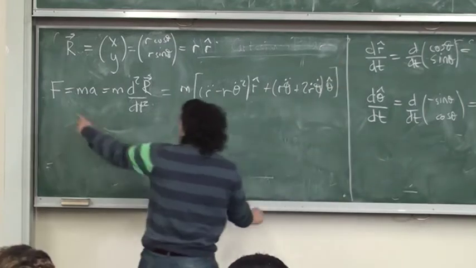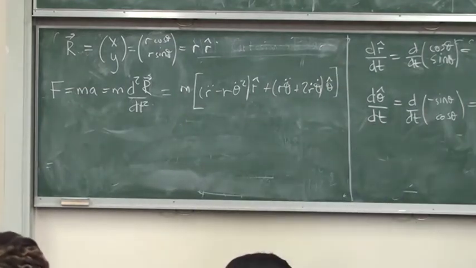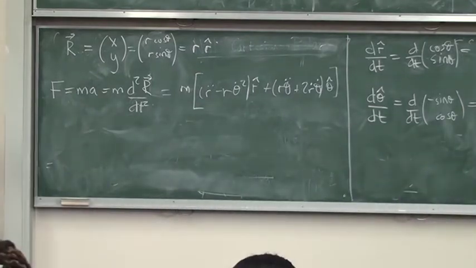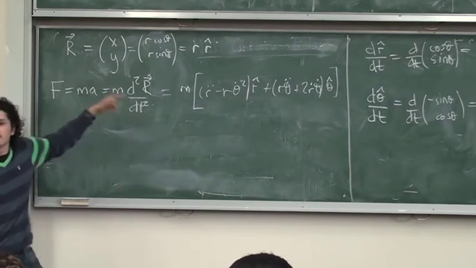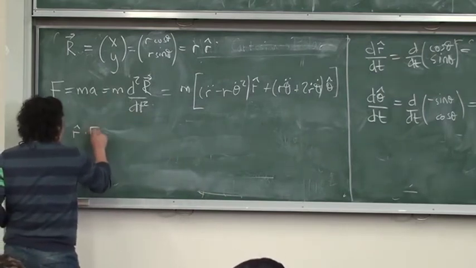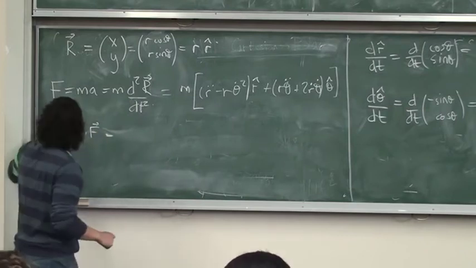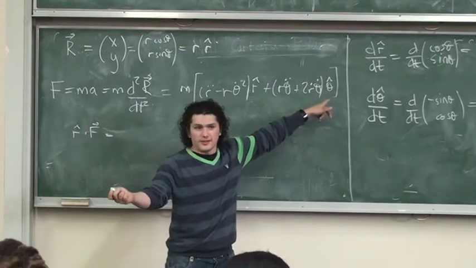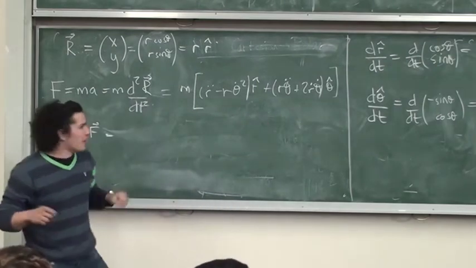Right, that's it. So what we're going to do is simply get radial and tangential components by dot producting with r hat and theta hat on both sides of these equations. So r hat dot F is equal to, when I dot product this with r hat, theta hat dot r hat is 0. Even at this speed, you know that answer.